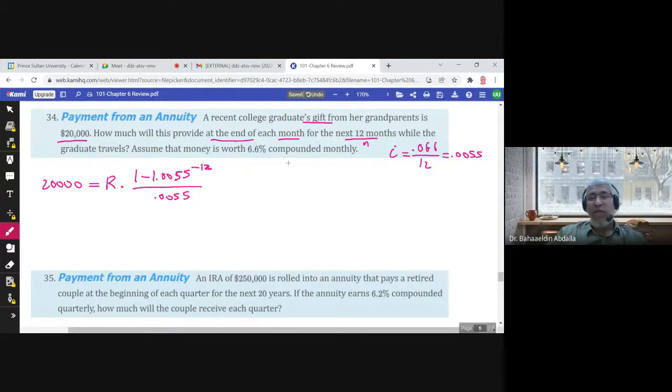And this is an ordinary annuity. So we can solve this for R, dividing 20,000 by this number. And the answer, if I use the calculator, would be 1,726.85.